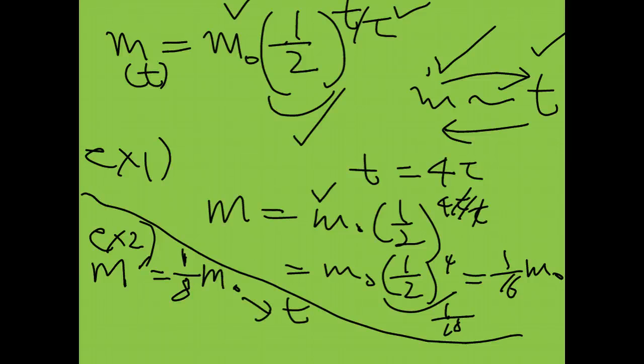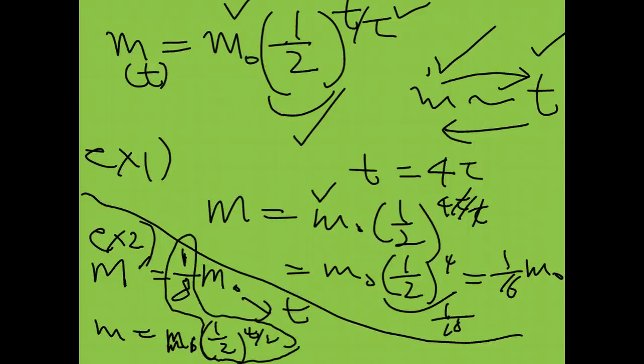Simple, because M is here and M naught is here, so we have the t over tau version. When t is 3 tau, it becomes 8, because half to the power of 3 is 1 over 8. So t will be 3 tau in this case. Okay, I hope that helps. Thank you.